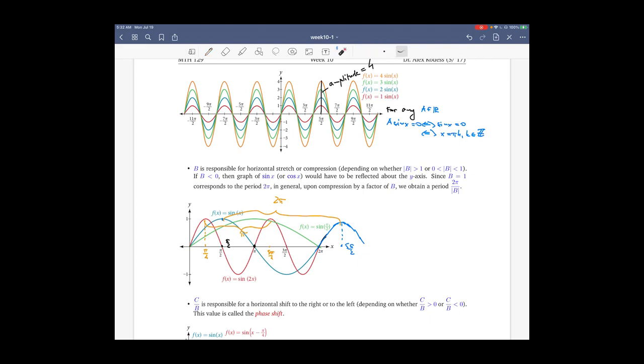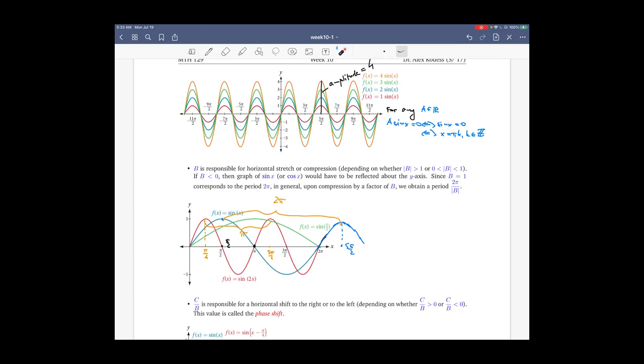The green curve is the graph of sine of x over 2, and so we were stretching with a factor of 1 over absolute value of 1/2, which simply is 2. So we stretched the standard blue curve with a factor of 2, and now the green curve is twice as slow as the blue curve.